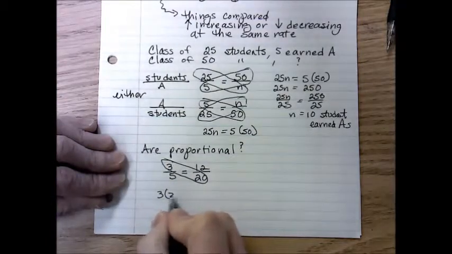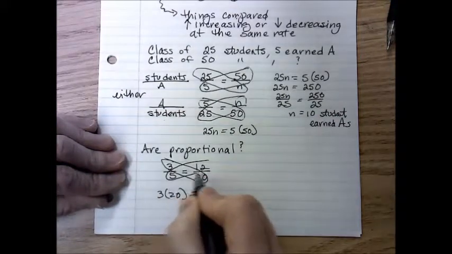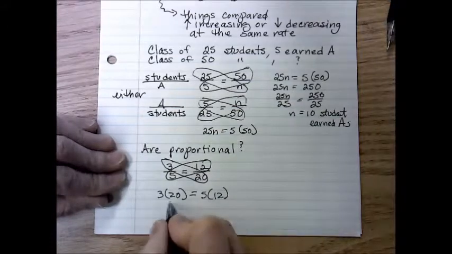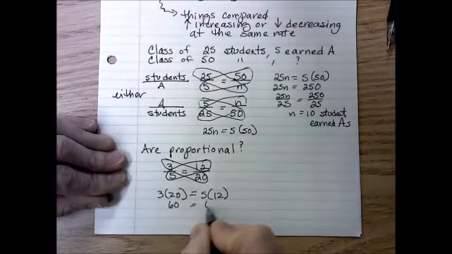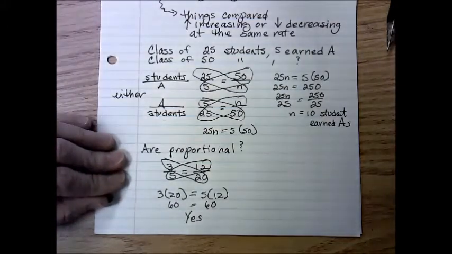So if I had 3 times 20, does it in fact equal 5 times 12? And if I simplify, that would be 60 equals 60. So yes, those two ratios are proportional.